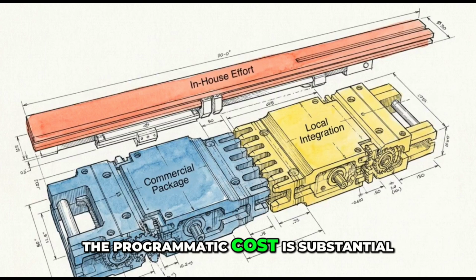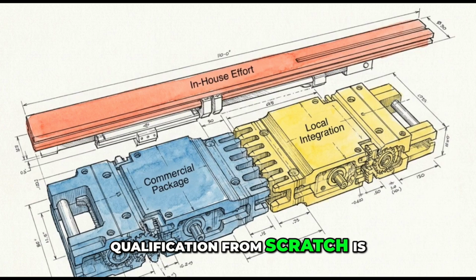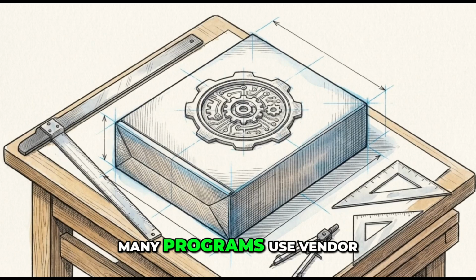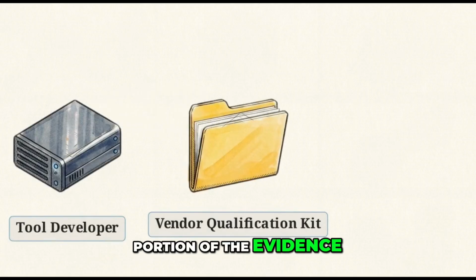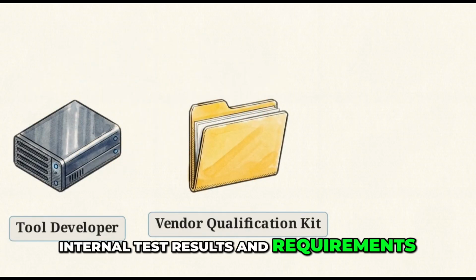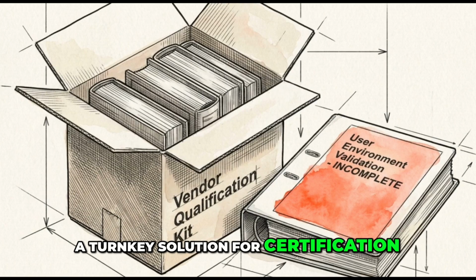The programmatic cost is substantial. Achieving a TQL1 qualification from scratch is a multi-year engineering effort. To manage this, many programs use vendor qualification kits. These kits provide the portion of the evidence owned by the tool developer, such as the tool's internal test results and requirements. However, a kit is not a turnkey solution for certification.